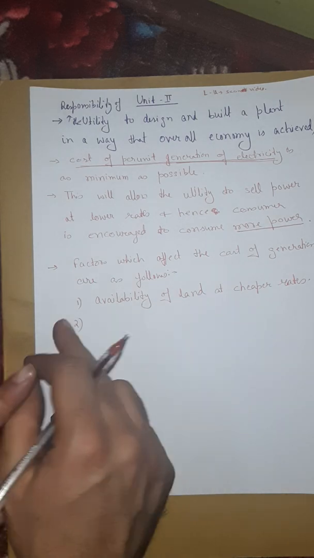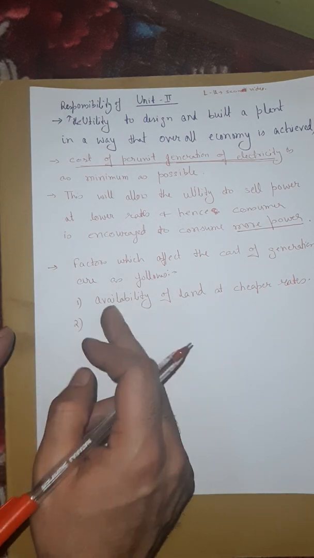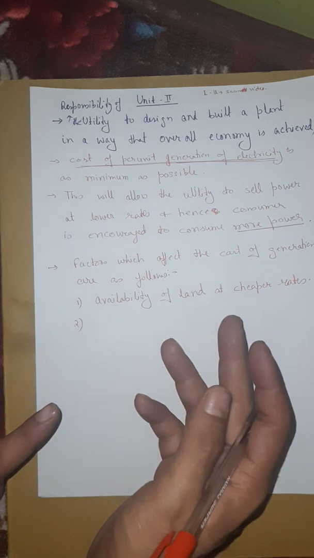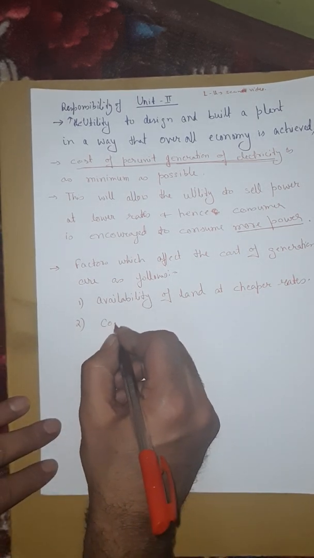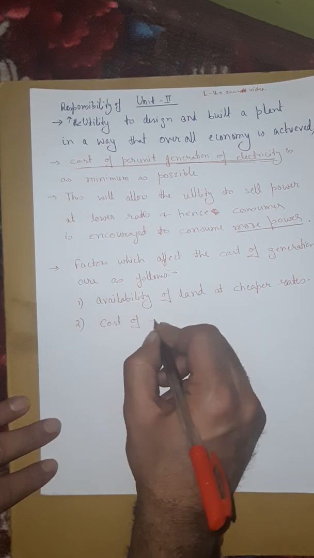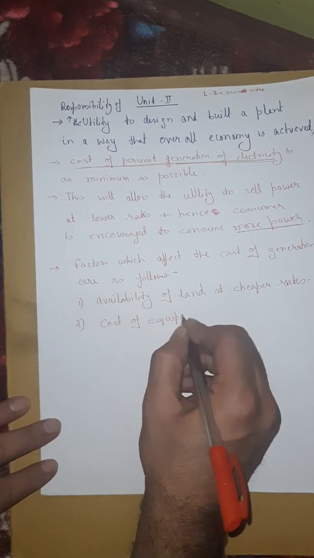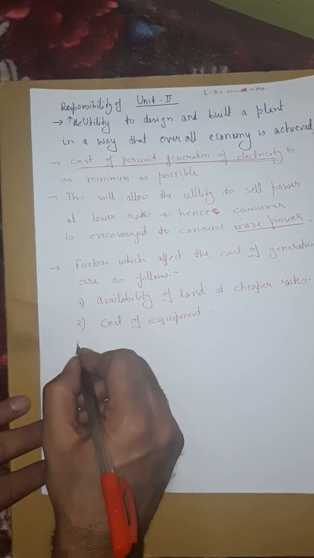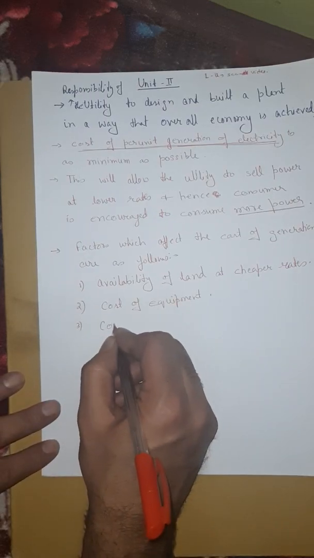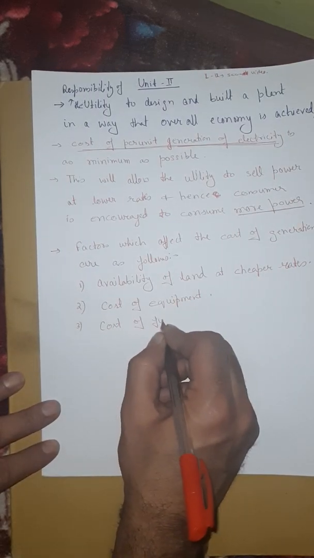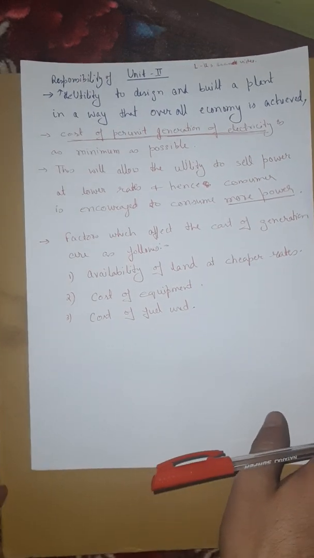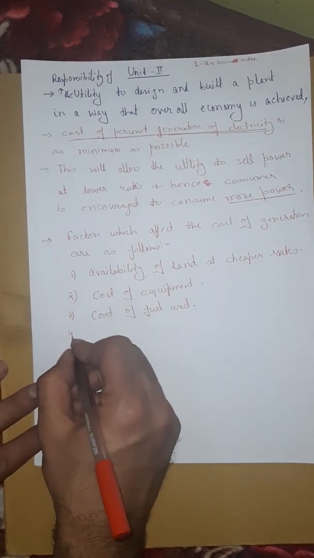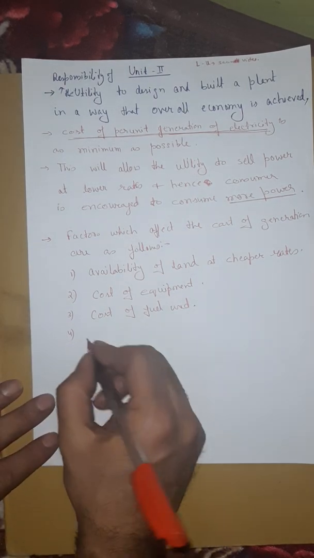So the second point is the cost of equipment and the cost of fuel. I will divide it into two: cost of equipment, and third point, cost of fuel used. Then the fourth point is depreciation cost of equipment.